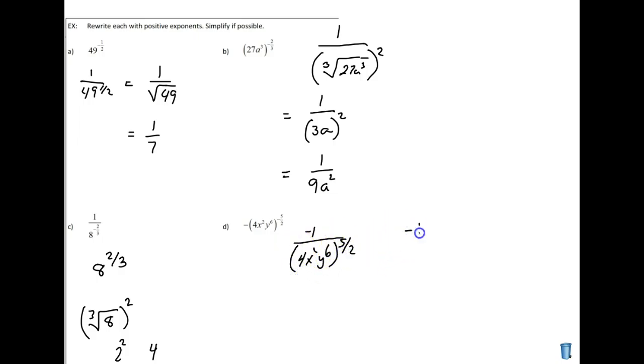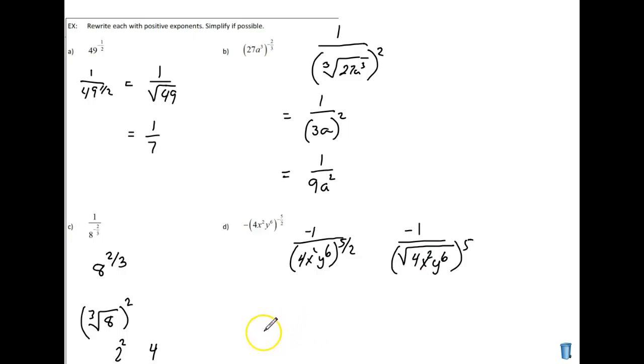So the negative 1, and then I'm going to take the square root of this 4x squared y to the 6th, and then that whole thing will get raised to the 5th power.